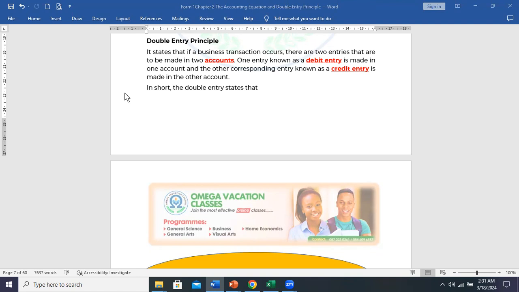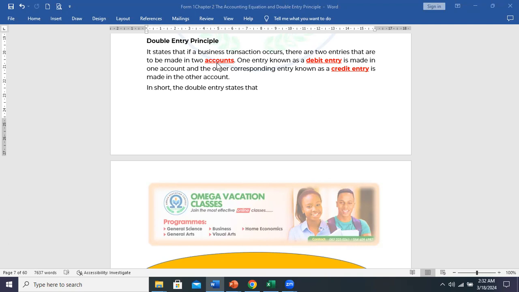And for every credit entry, there should be a corresponding debit entry. That is the principle. But if you want to explain further, then what it means is that if a transaction occurs, there are two entries that are to be made in two accounts.